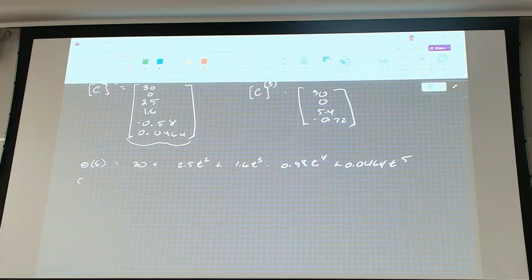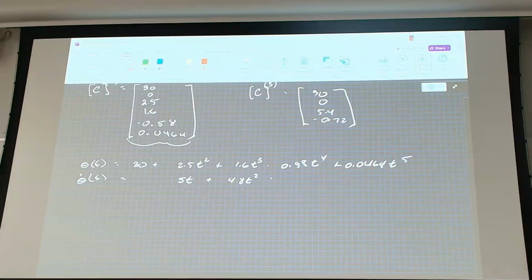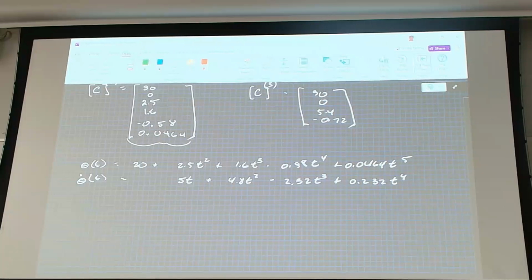Similarly, my theta dot of t is going to be 5t plus 4.8 t squared minus 2.32 t cubed plus 0.232 t to the fourth.